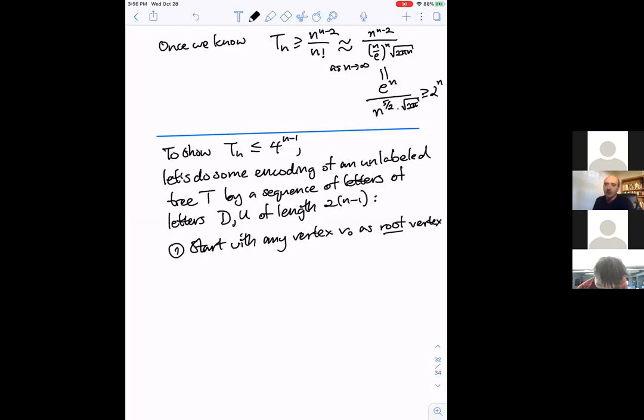And then what you do is draw the tree in the plane, on a piece of paper with no crossings, and draw it in such a way that as you move away from the root, you go down the page.